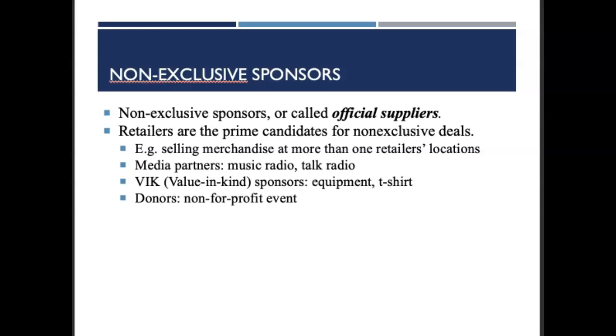A lot of the time, these official suppliers don't give you cash. They give you VIK, called value in kind. As we mentioned before, they provide you service and goods instead of giving you cash. So those are official suppliers.